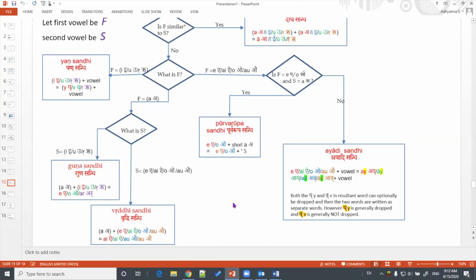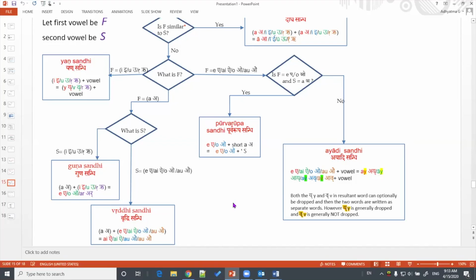So you see, this is thanks to Amit Baba. He has put it in such a beautiful format that if you understand this one page, you basically cover all the sandhi rules. This is exactly the flow chart which normally goes in your mind when you try to figure out which sandhi it would be.